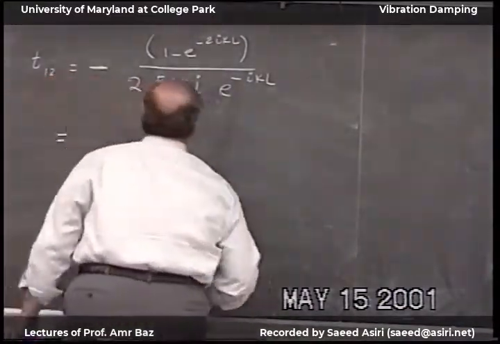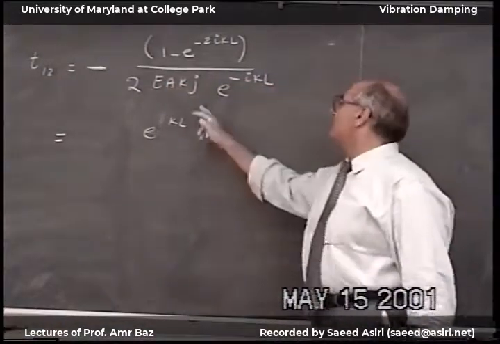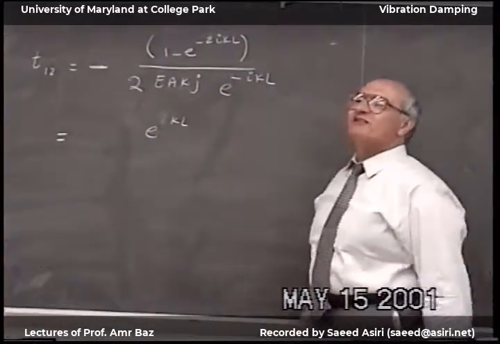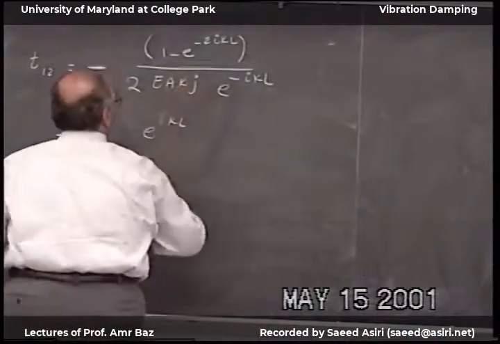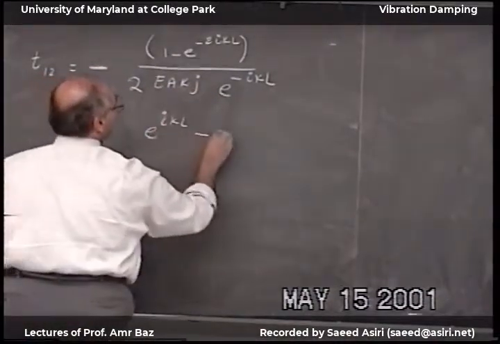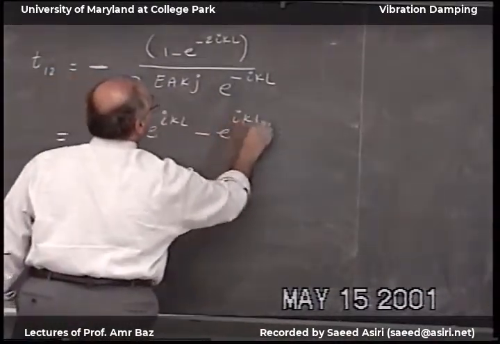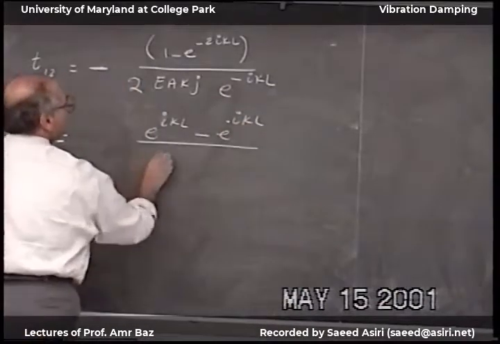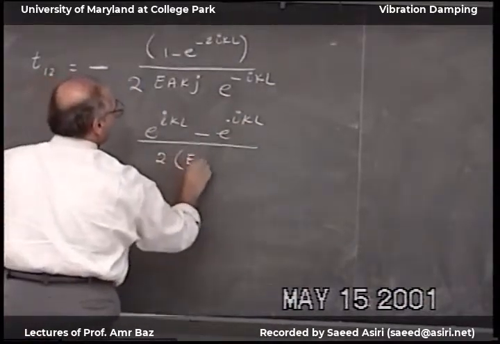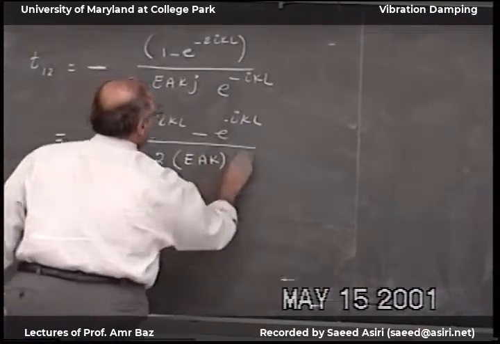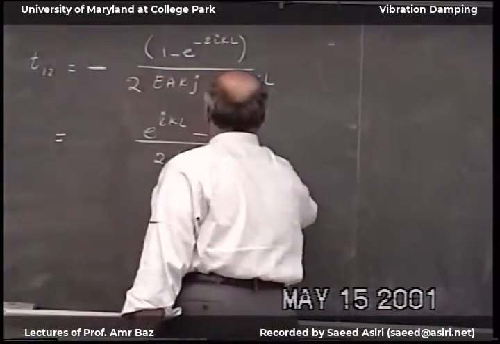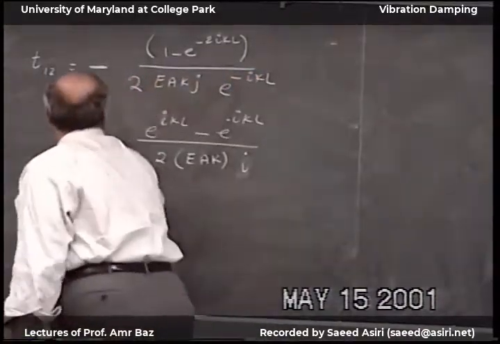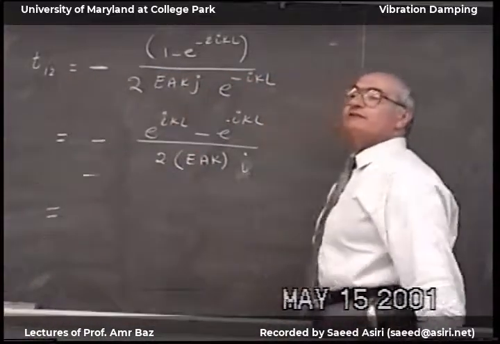We have horrible notation, huh? We have some j's and some i's, but the two are the same, huh? So we have 2i minus e to the iKL divided by 2, and then we have e, a, k, and i. Okay? And then we have minus. Now let's clear this.